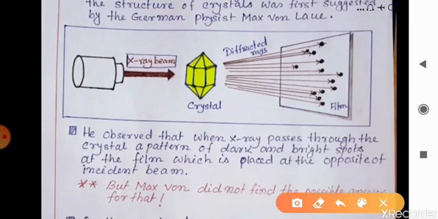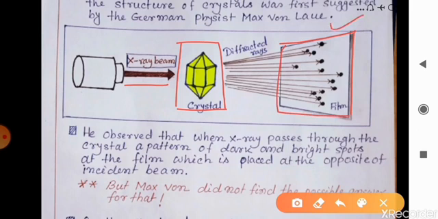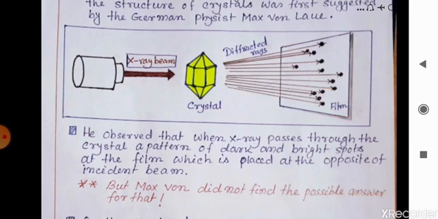He observed that when an X-ray beam passes through a crystal, if we place a film at the opposite side of the crystal, we find a large number of dark and bright spots. But Max von Laue did not find the answer for why these spots appear on the film.